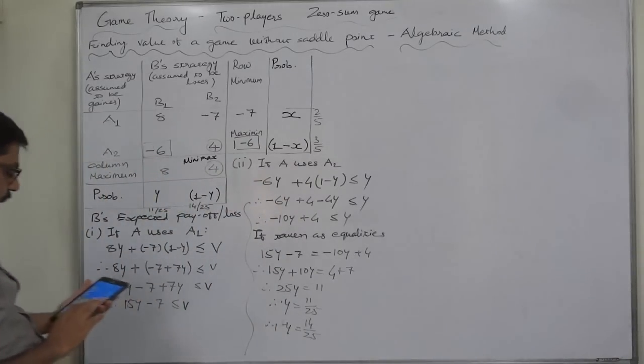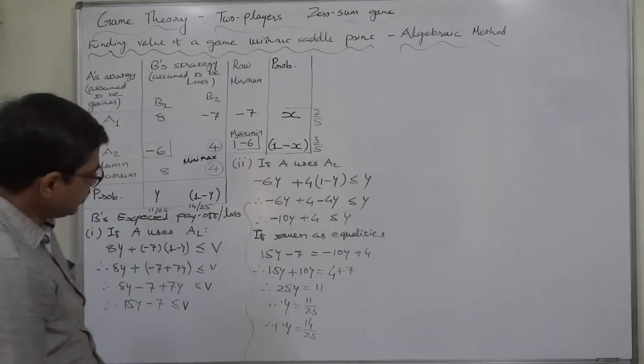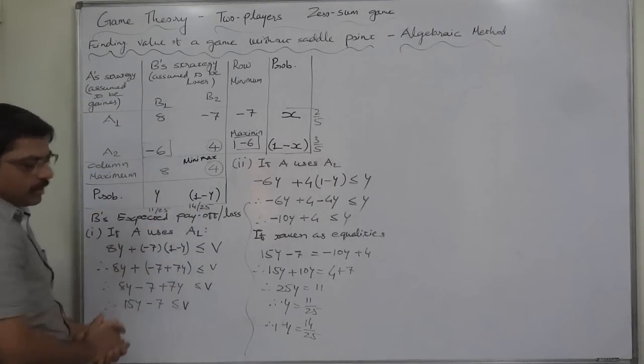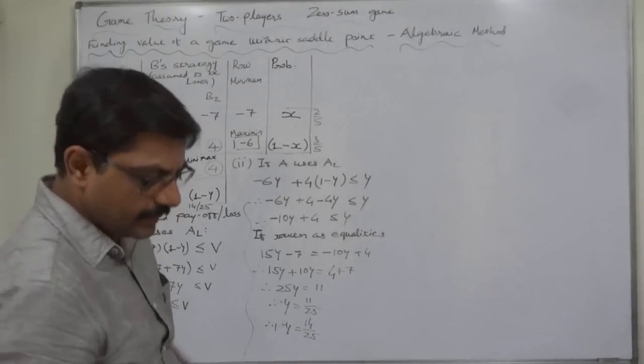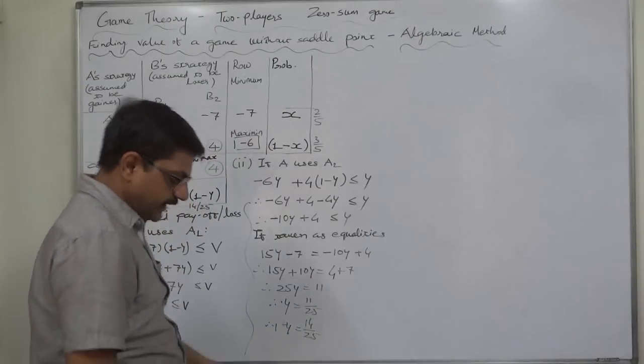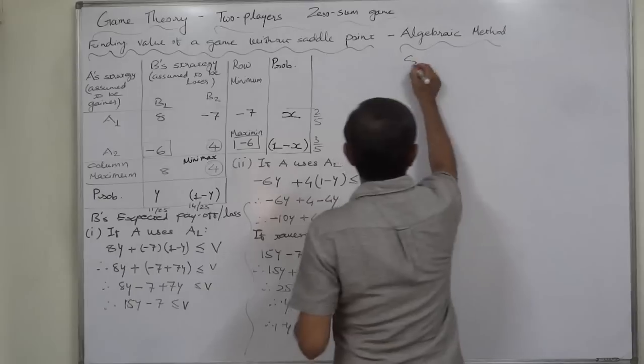Now, on the basis of these probabilities and this payoff, we can find out the expected payoff or expected loss of B also. Let's find it. But first of all, let's write the interpretation.